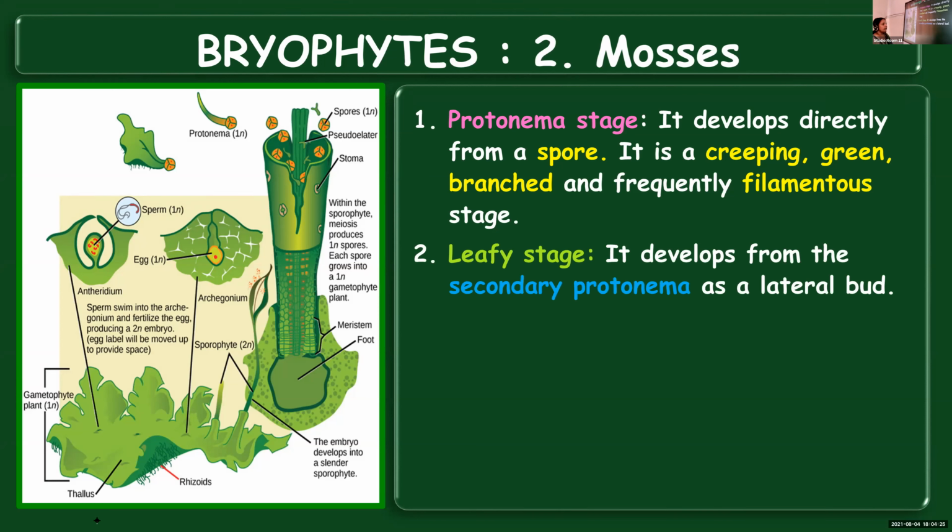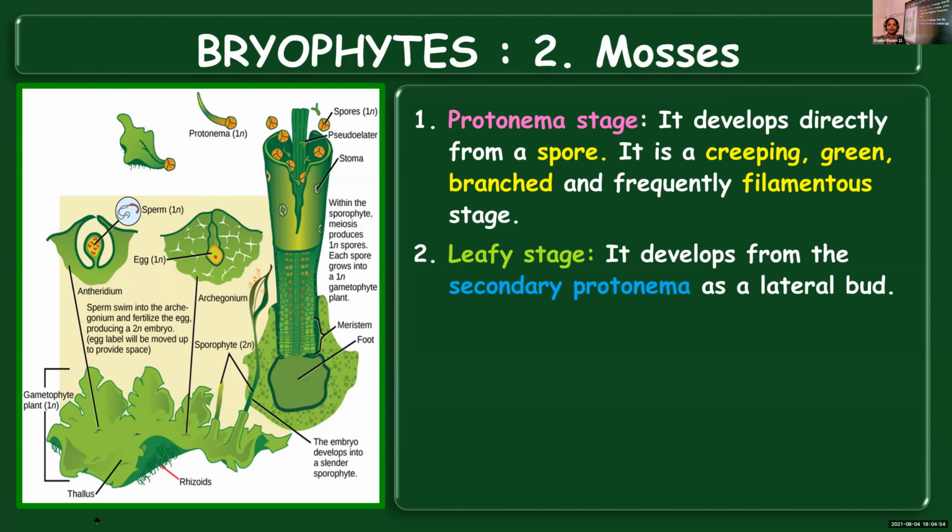Then, leafy stage. Leafy stage is the one which is formed from secondary protonema as a lateral bud. The difference between primary protonema, or simply protonema, and secondary protonema is that protonema is formed by the germination of spores, whereas secondary protonema is formed from other structures like rhizoids or those stem-like structures.